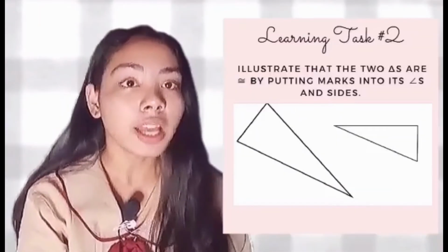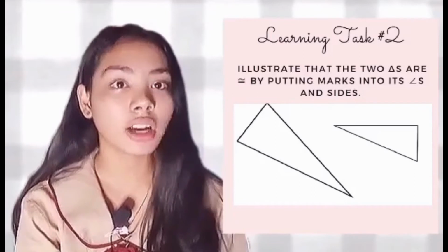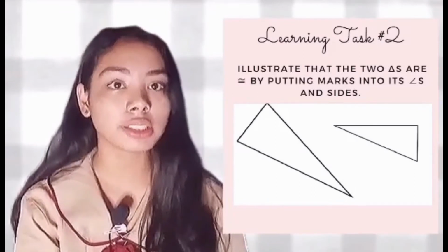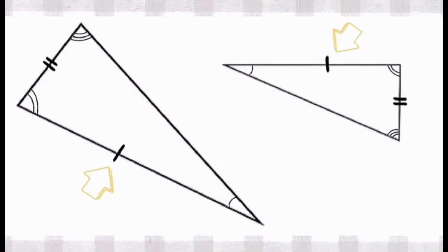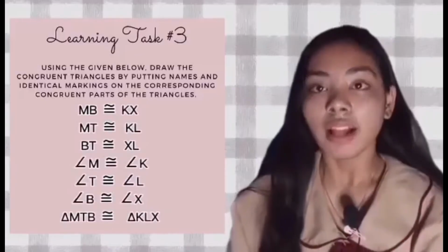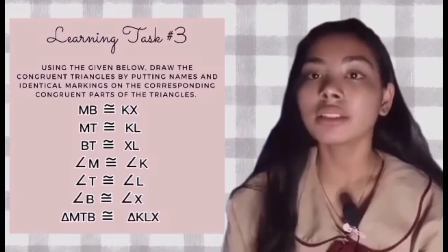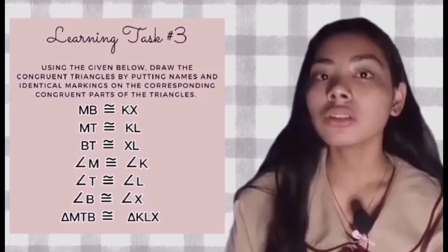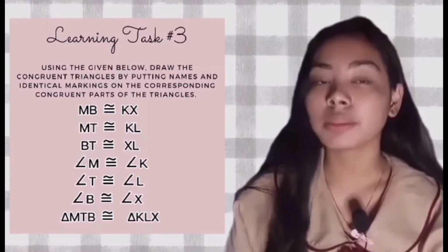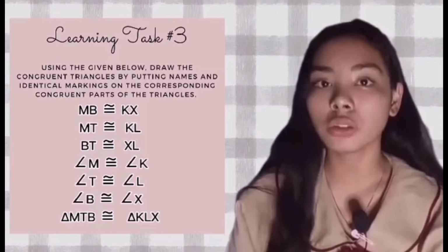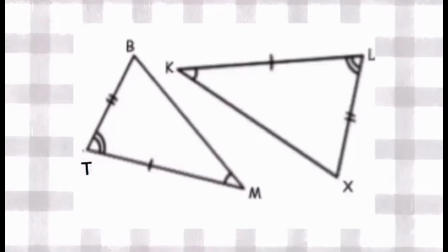Learning task number 2. Illustrate that the two triangles are congruent by putting marks on their angles and sides. Learning task number 3. Using the given below, draw the congruent triangles by putting names and the identical markings on the congruent parts of the triangles.